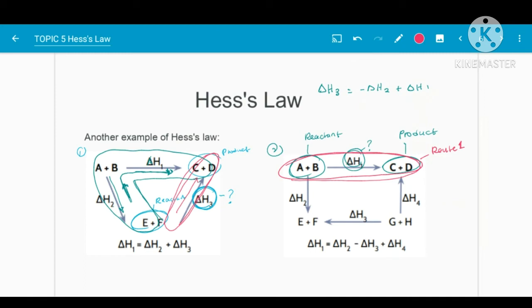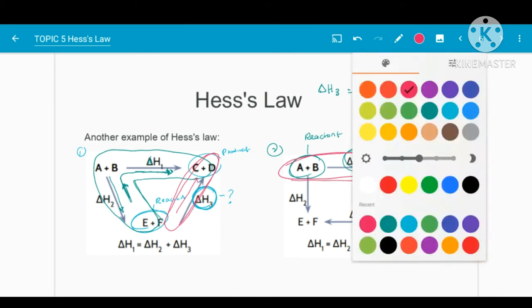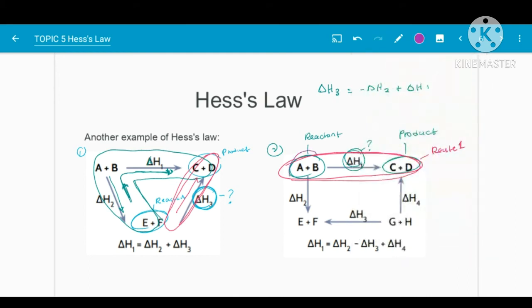So where is route 2? For route 2, remember that it starts from the same return and ends with the same product. So the arrow is from AB to CD.